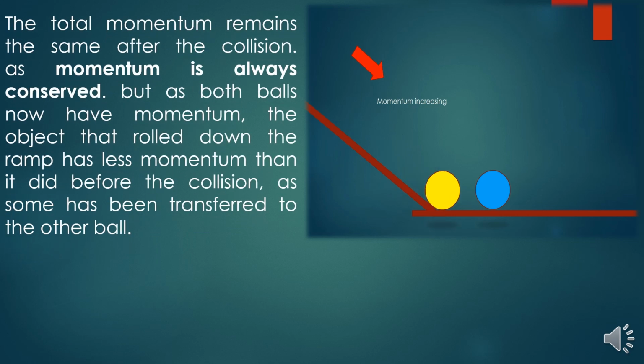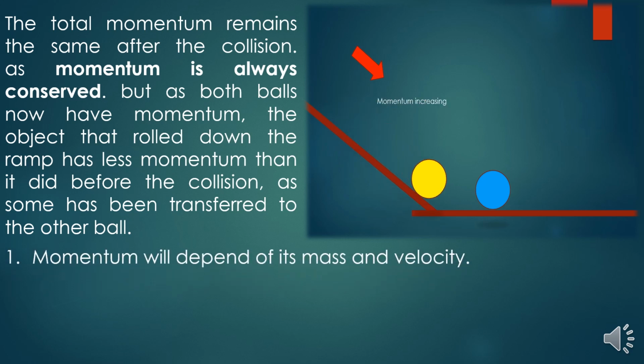The total momentum remains the same after the collision, as momentum is always conserved. But as both balls now have momentum, the object that rolled down the ramp has less momentum than it did before the collision, as some has been transferred to the other ball.